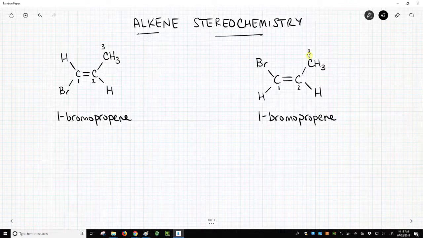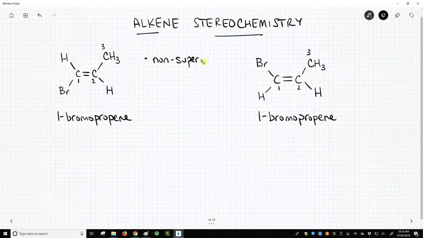How do we know they're not the same? Well, molecules that aren't the same are non-superimposable. And these are not superimposable. Furthermore, if we think about this in our language of stereoisomers, these are non-mirror images. They are not mirror images.